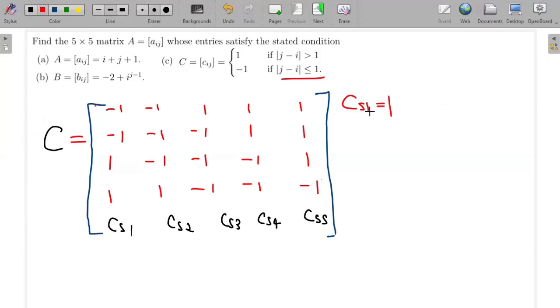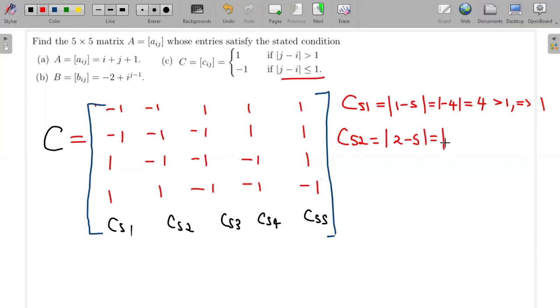So meaning that I have my J as 1, my I as 5. This is what I have. And then the modulus of minus 4, which will still be 4. So 4 is greater than 1, meaning the answer there will just simply be 1. Okay, and the next one is C52, which will be 2 minus 5.